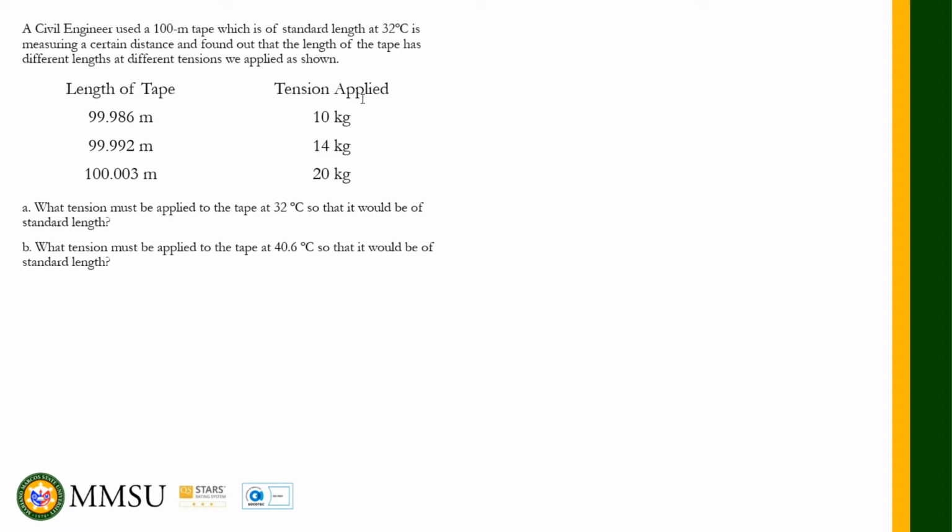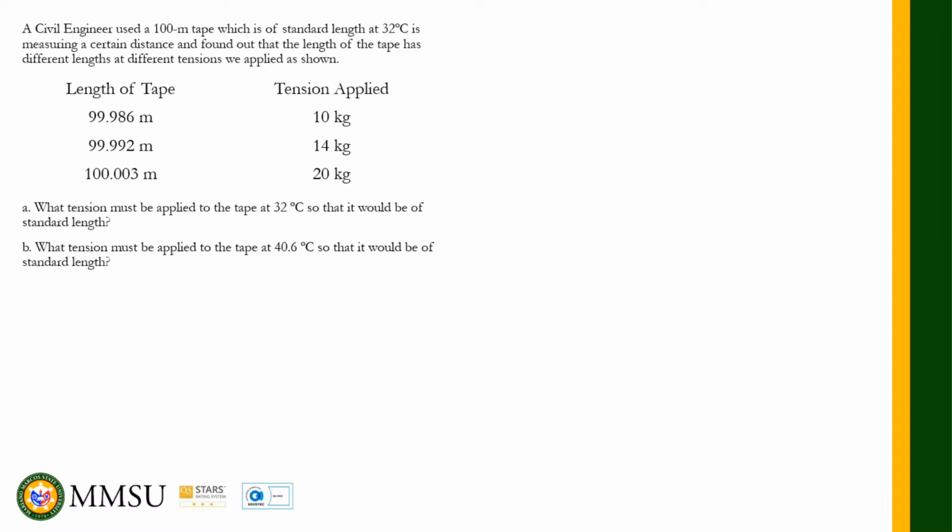So the question is, what tension must be applied to the tape at 32 degrees Celsius so that it would be of standard length? Since the given table and the question refer to the same temperature of 32 degrees Celsius, we can use the table to solve for the tension at 32 degrees Celsius when the length of the tape is 100 meters.